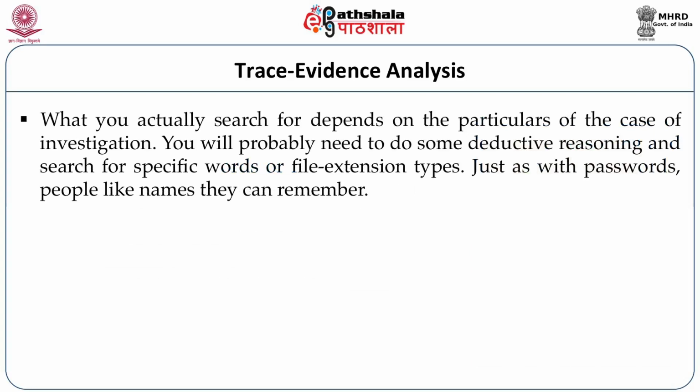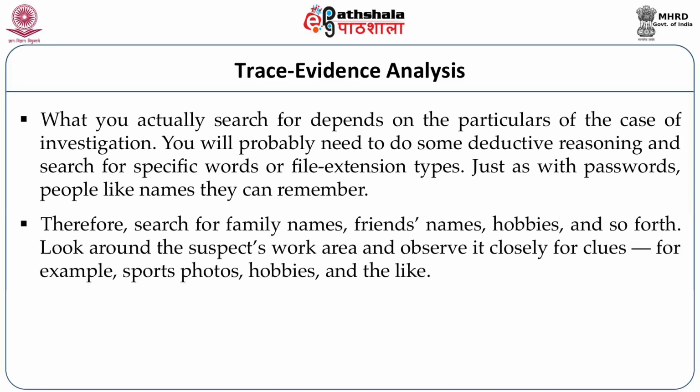What is the actual process being adopted? That all depends on the case being investigated. There may be some deductive reasoning and a search for specific words or file extension types. There may be a search for passwords.